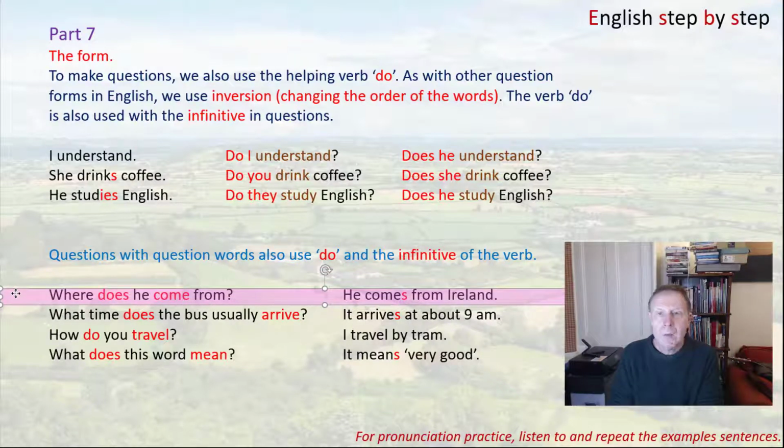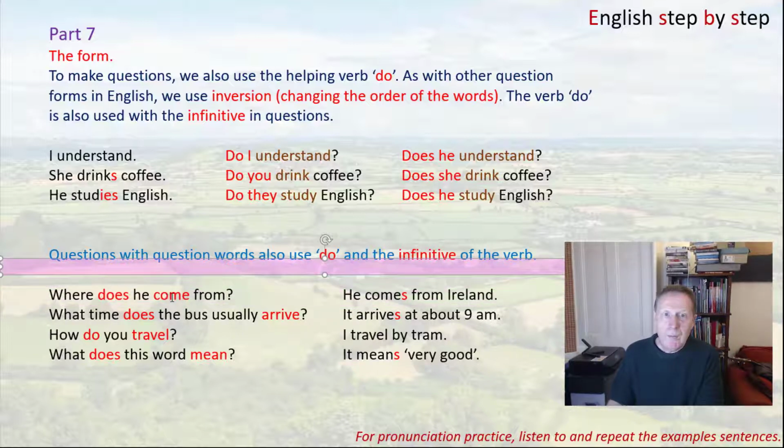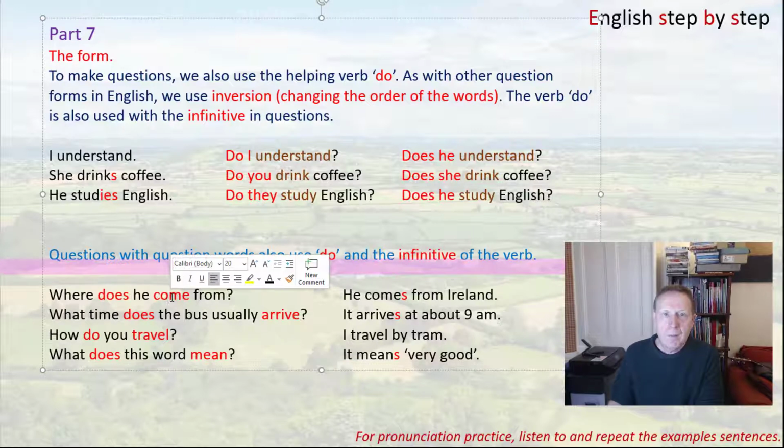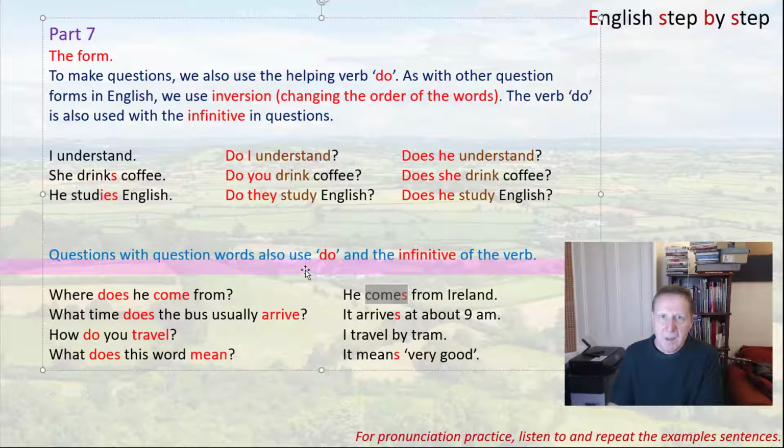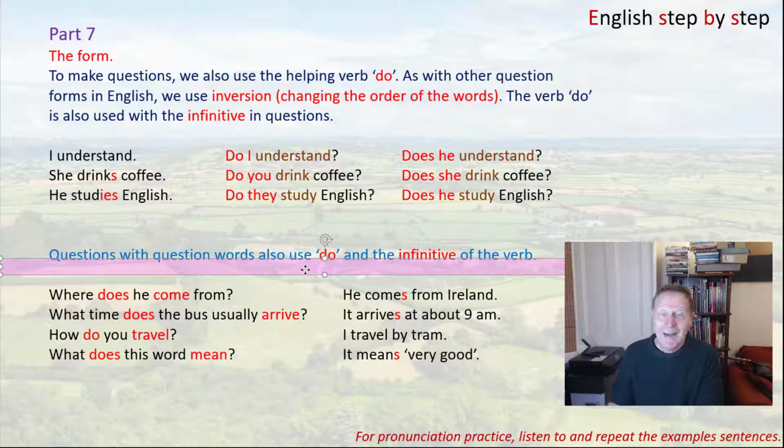And then the answer would be he comes from Ireland. And you can see in the question we have the infinitive, come. But in the answer we have the present simple, comes. So we have to remember the S at the end of the present simple for third person singular.